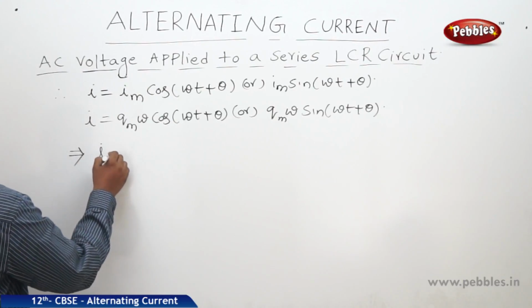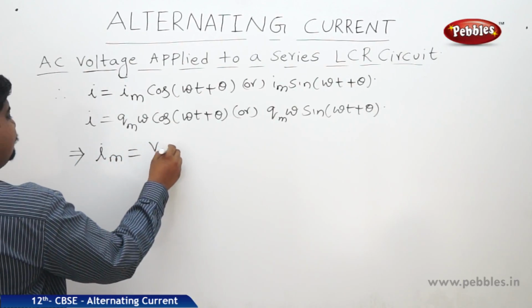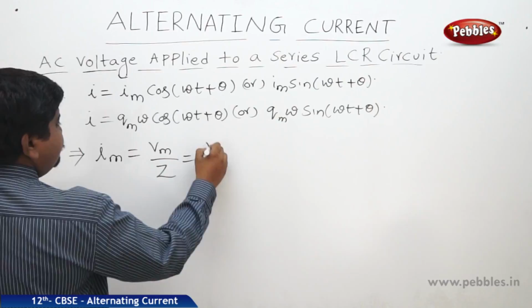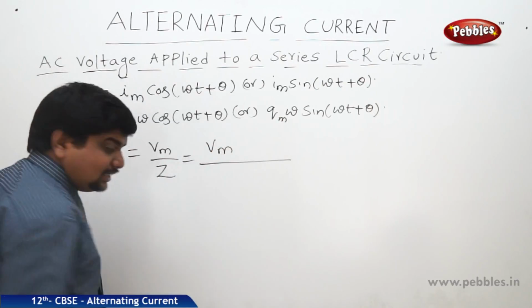And we got Im is equal to Vm by Z. Therefore, Vm by Z, what is Z? Impedance.